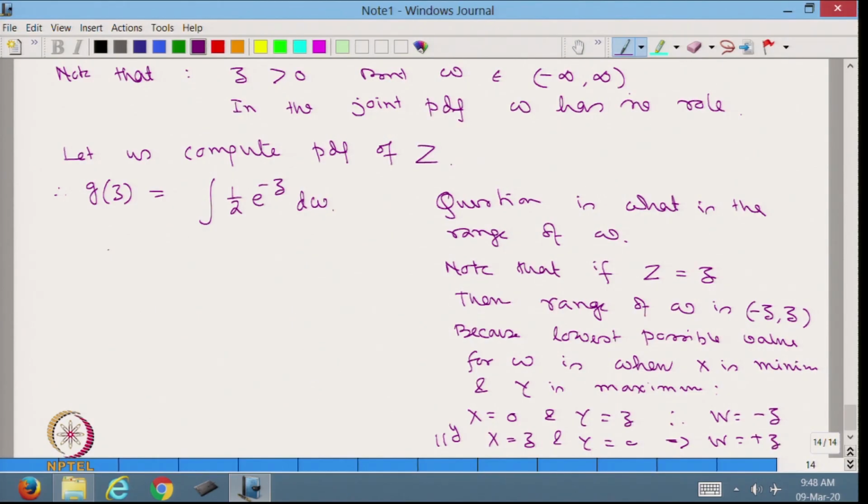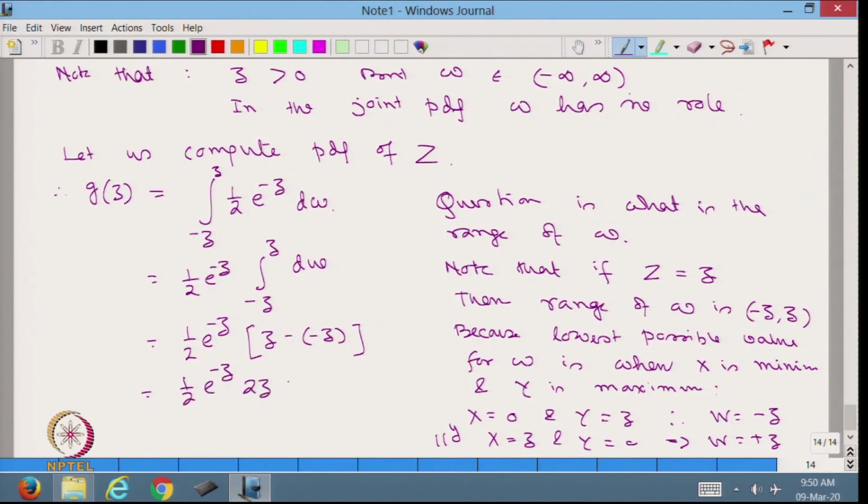Hence, the limit of integration is equal to minus z to plus z of half e to the power minus z dw, which is equal to half e to the power minus z into 2z, which is equal to z e to the power minus z.